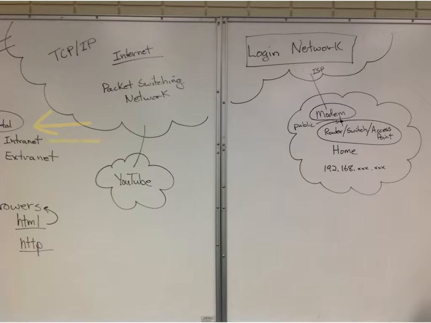Okay. We talked about portals, an intranet, and an extranet. Like at NIACC we have a portal, and that portal is only accessed by people here at NIACC. The portal works as an intranet.